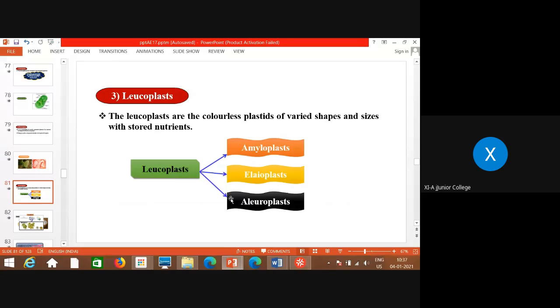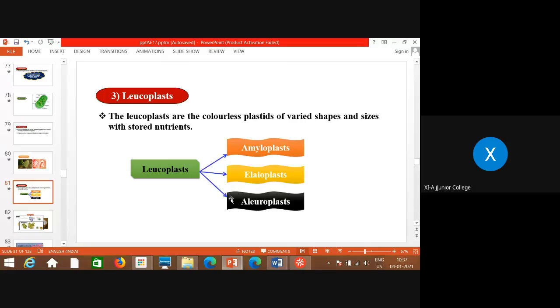Now the third category of plastids is called leucoplasts. Leucoplasts are colorless plastids, and they vary in shape as well as size, and depending on the type of nutrient they store, they are known by different names.